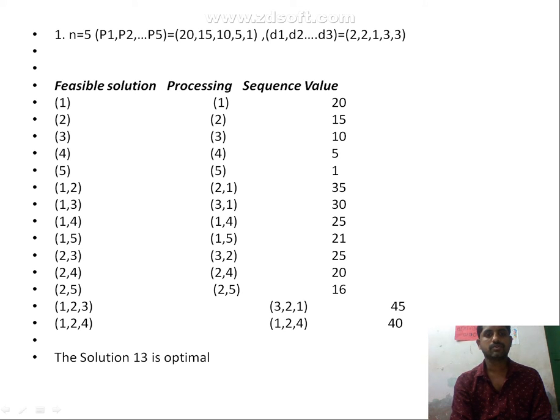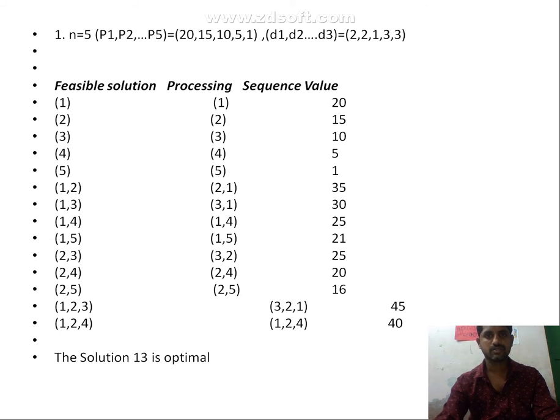Then 2 and 3 is 25, 2 and 4 is 20, 2 and 5 is 16, and 1, 2, 3 is 20 plus 15 plus 10, that is 45, and 1, 2, 4 is 40.